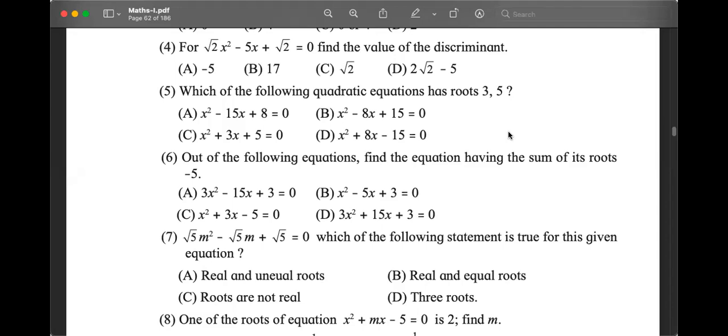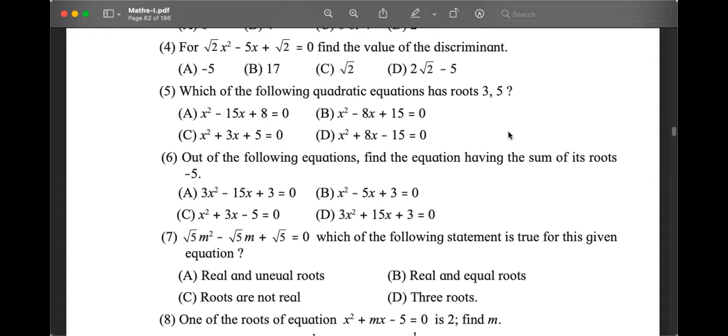Alpha plus beta, alpha into beta. How do we form the equation? Look at the chapter, go to the section where this is taught. Don't try to answer from the options A, B, C, D. Instead, look at this question as if there is an equation with roots 3 and 5. Form that equation, and then you can find the answer.